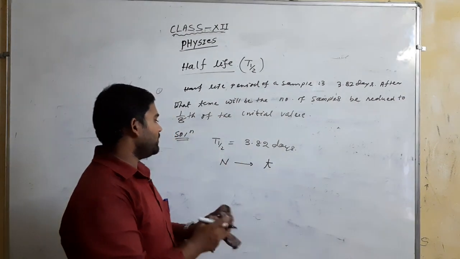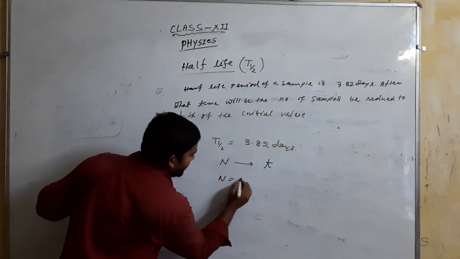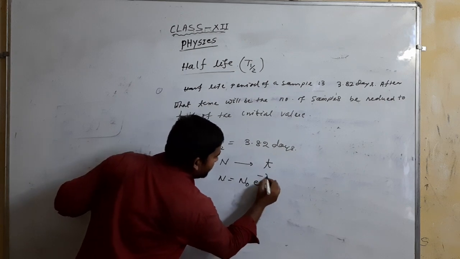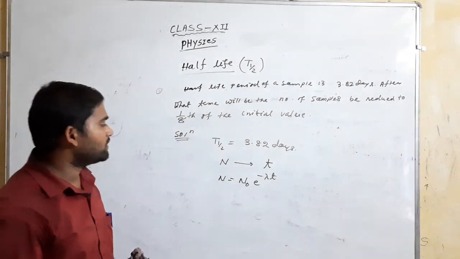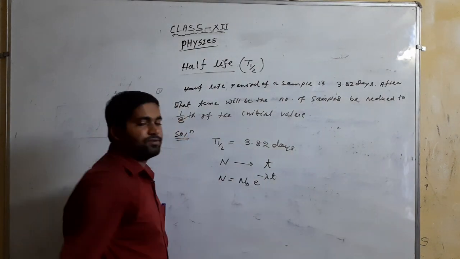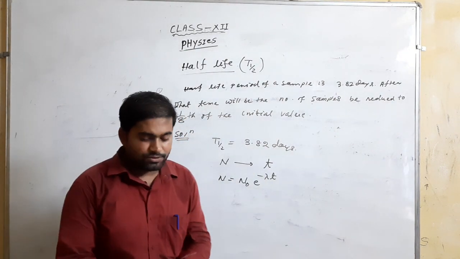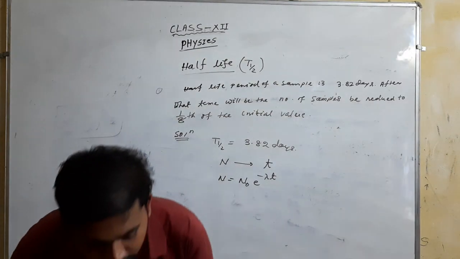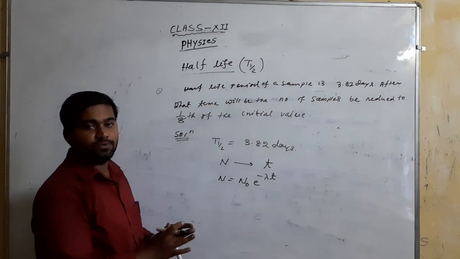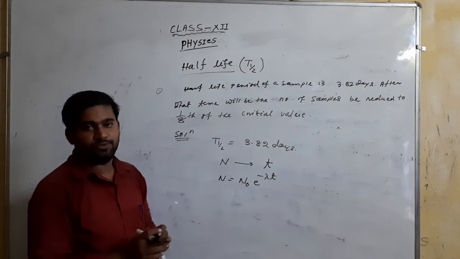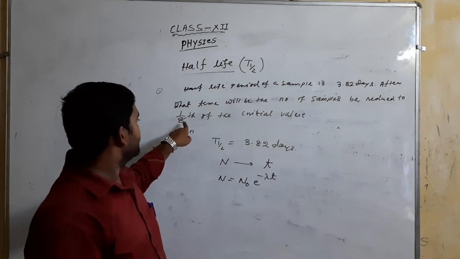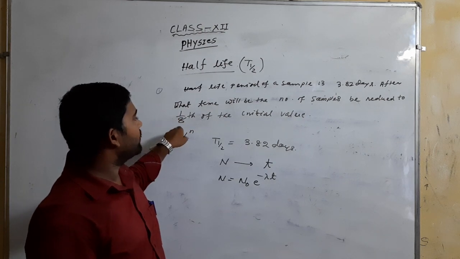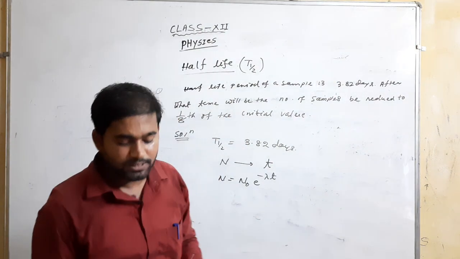We know the radioactive decay law: N equals N naught e to the power minus lambda t, where lambda is the decay constant, which can easily be calculated from the value of half life.